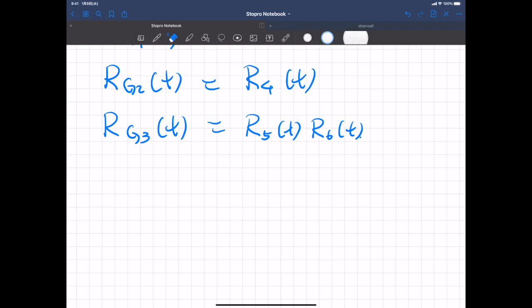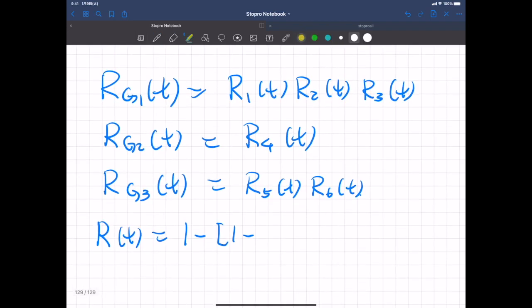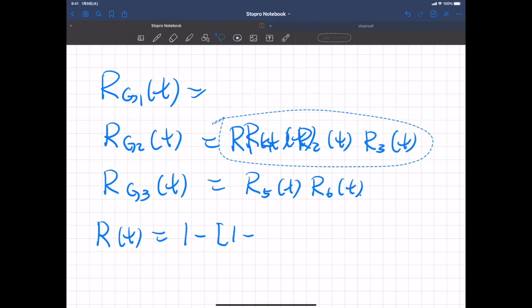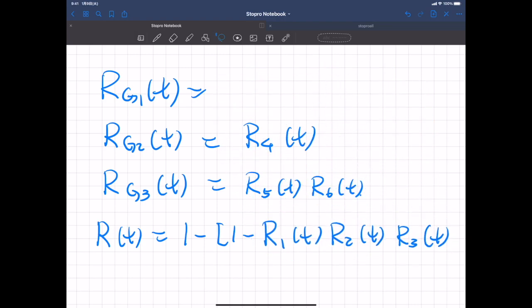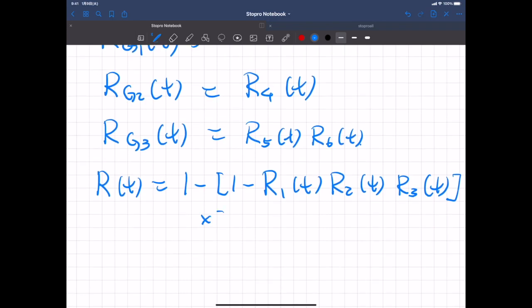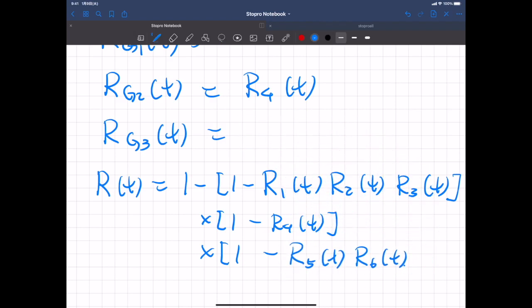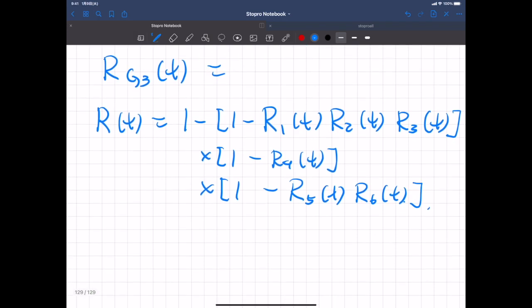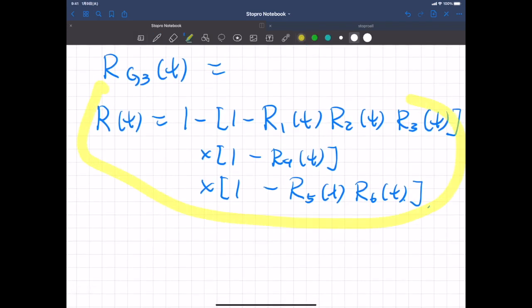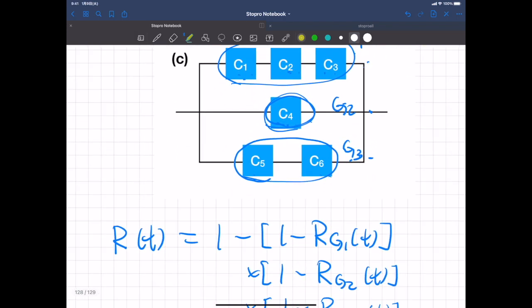So after all, the entire reliability of the whole system becomes 1 minus, and 1 minus this, 1 minus this, and times 1 minus R4, and times 1 minus this. So this would be the reliability function for this particular system.